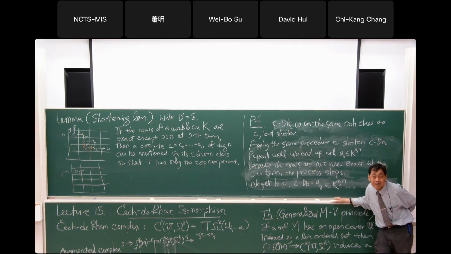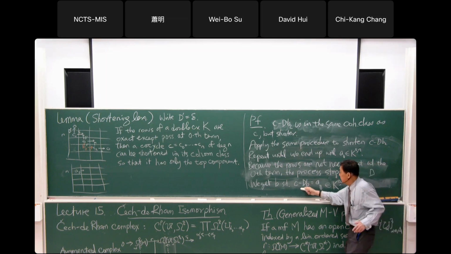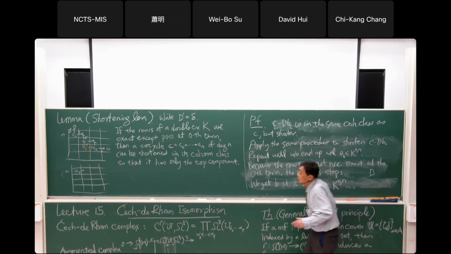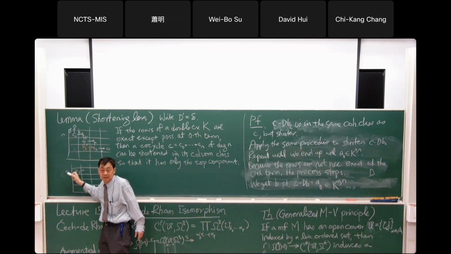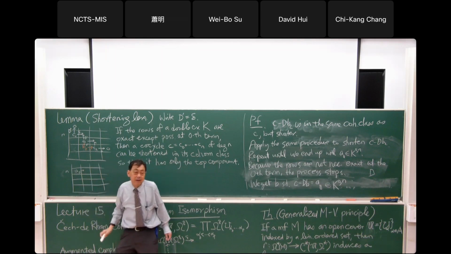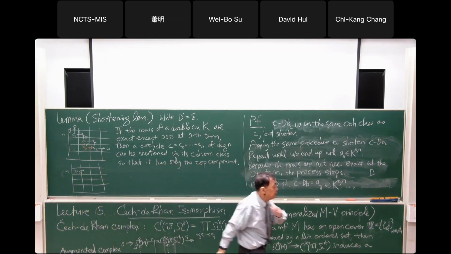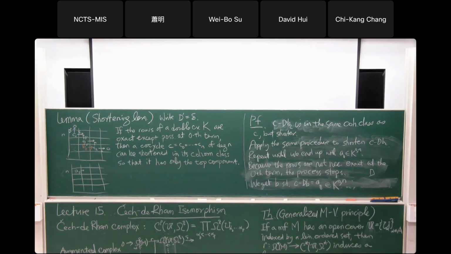So that's the lemma. Every cocycle can be shortened in its cohomology class so that it ends up in just the top box. All right? Okay. And so now we can prove the theorem.